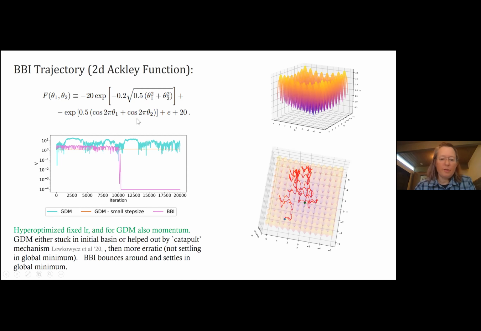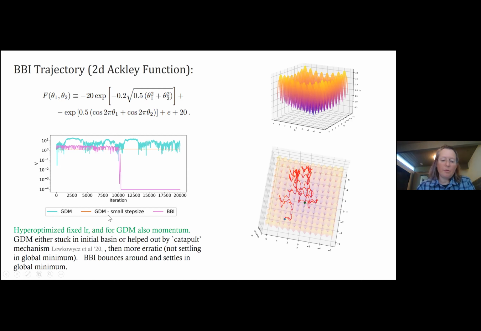The Ackley function, here's its form, here's its picture. And again, we do a fair hyperoptimization for the two and find that BI, or bouncing BI, BBI, behaves as predicted. It goes around, it takes a while to get there, but it settles in the global minimum.